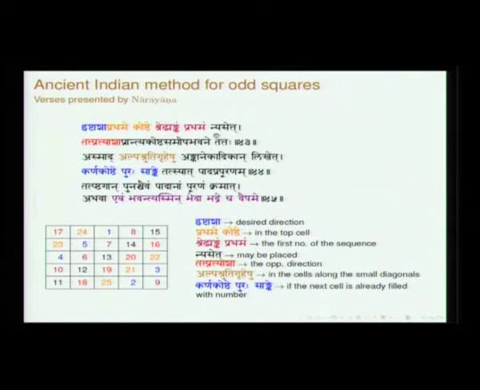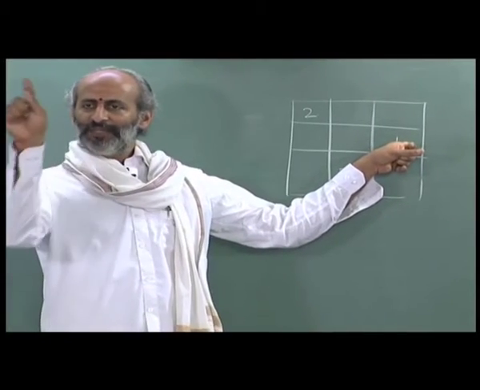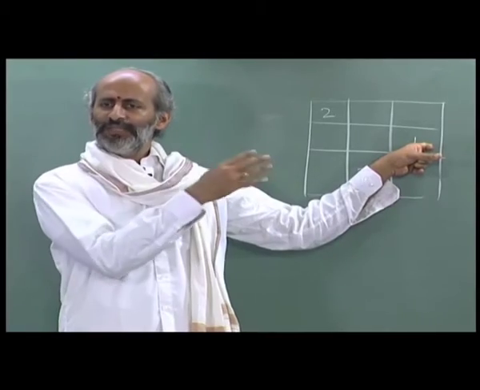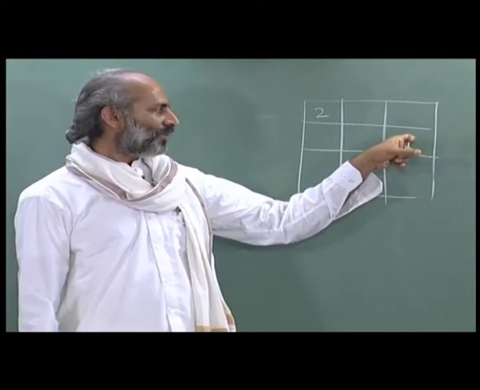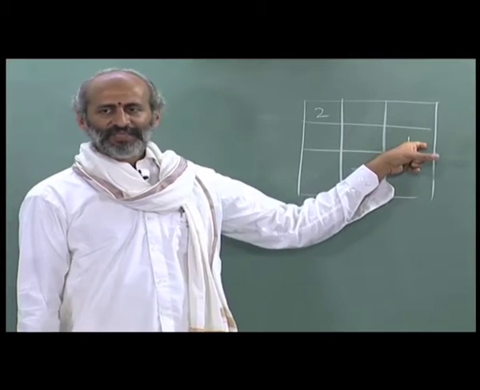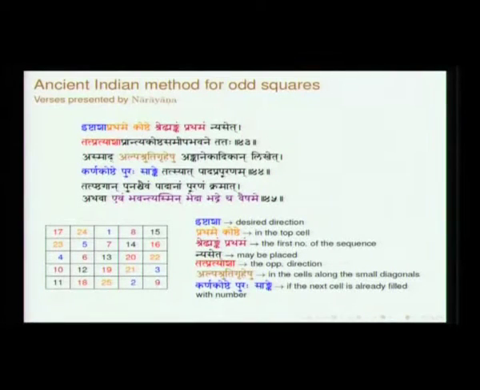Prathame koshthe shredhyankam prathamam nyaset. What I did was prathame koshthe shredhyankam prathamam. Shredi is basically arithmetic progression. It need not necessarily be this number, any arithmetic progression will do, but this is the simplest example. So prathame koshthe I have fixed it. Then what Narayana says is prathamam nyaset tat pratyasha prantya koshthe samipe. Pratyasha means in the opposite direction. Fine. Now look at here.